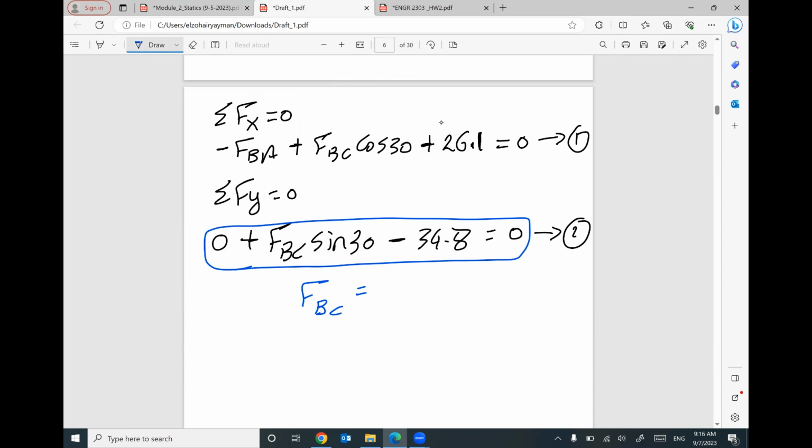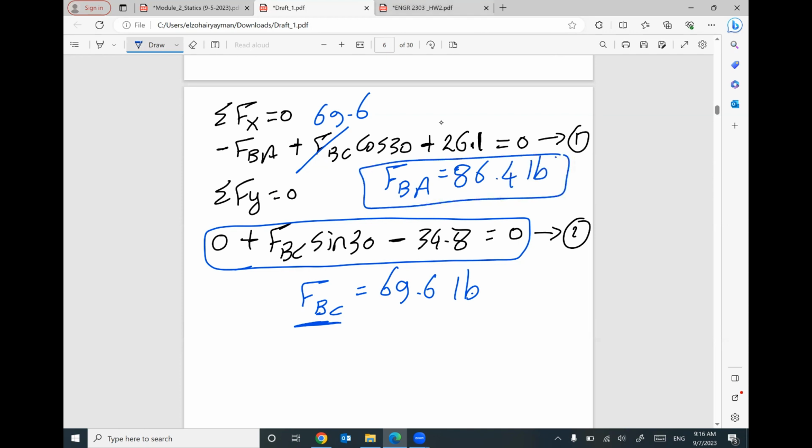It will be 34.8 divided by sine 30. This value will be 69.6 pound. If you go back with FBC here and put it 69.6, I can figure out the value of FBA. It will be 86.4 pound.